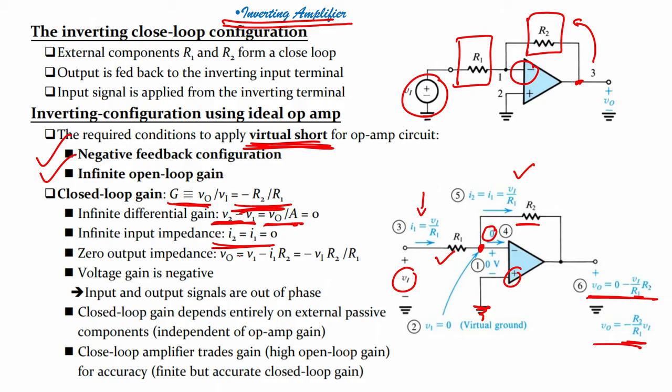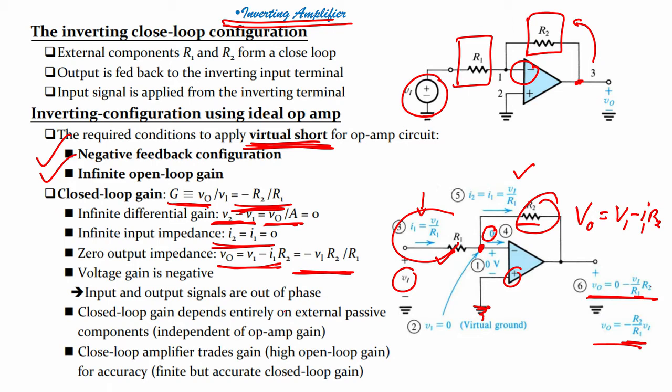Then I have 0 output impedance, that means my output voltage will be VO equals V1 minus I1 R2, because this is R2. So, if I substitute the value, what will I have? Output equals minus V1 R2 by R1.